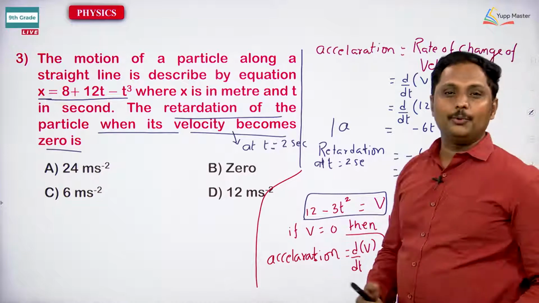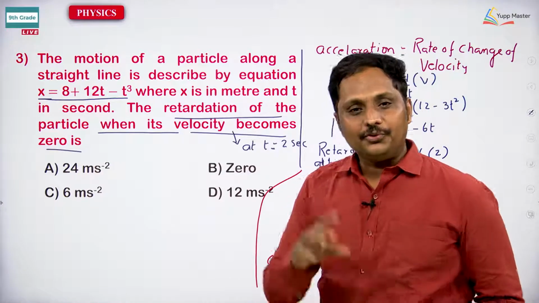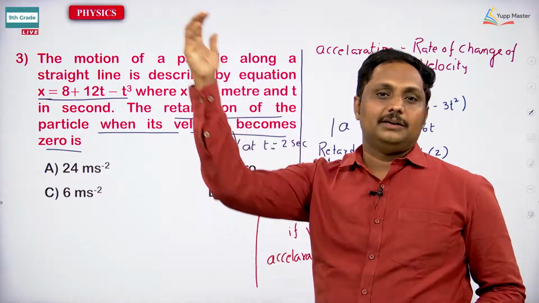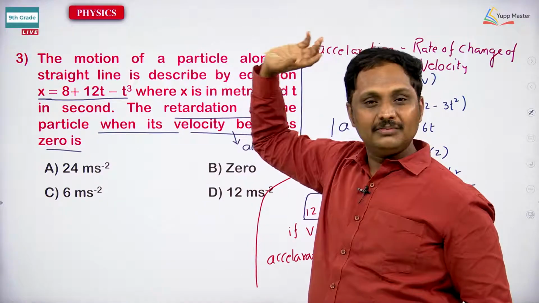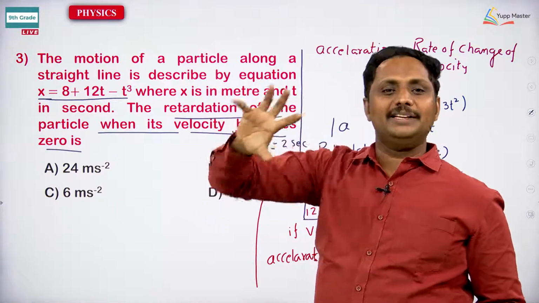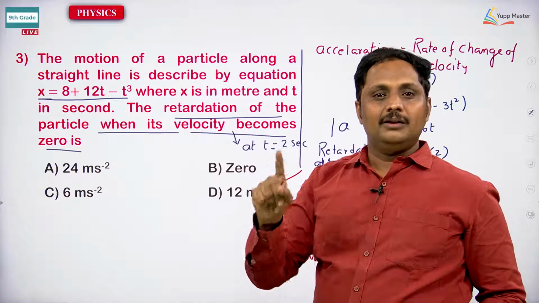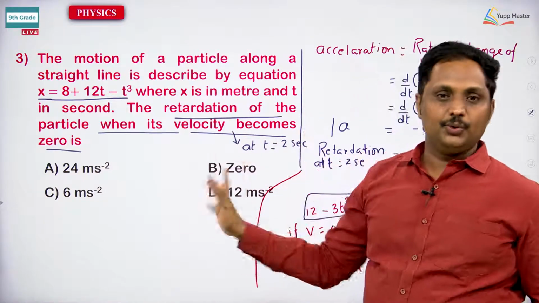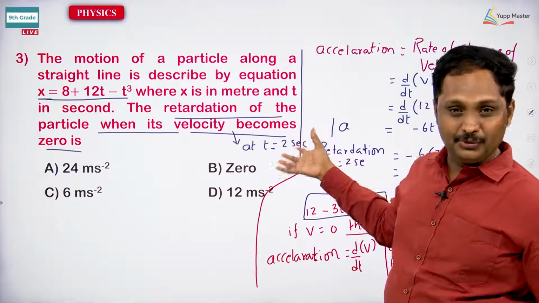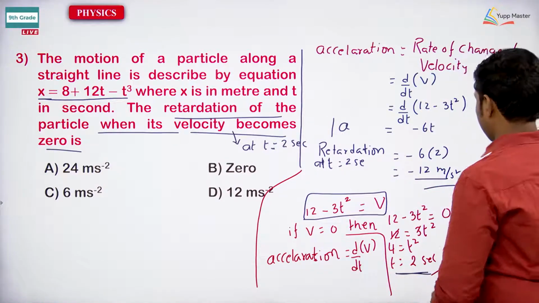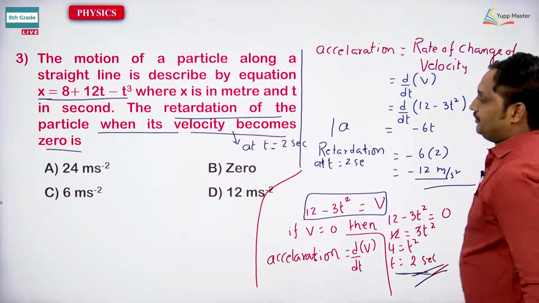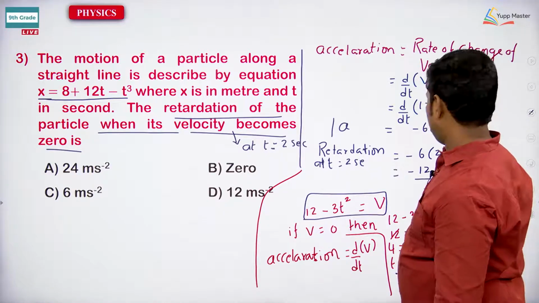This is an interlinked problem. First of all, you need to find the velocity from the given function. After that, you need to apply the condition that the velocity is 0 and find at what time. Let us check the answer which is going to match.